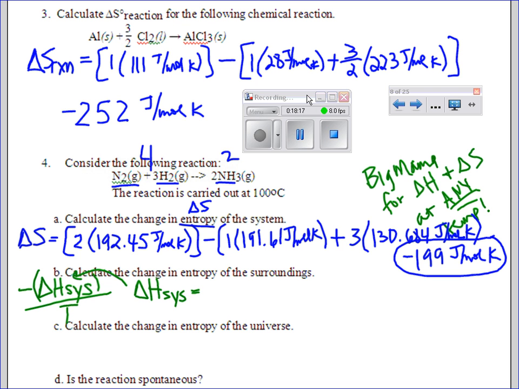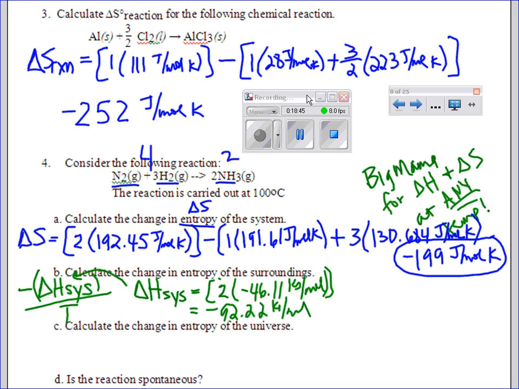Big Mama, and we're going to use the table again. And I have all these written down, just double check. Delta H is equal to 2 times negative 46.11 kilojoules per mole, right? And then aren't all the reactants 0? Okay, so that's it right there. So that came out to be negative 92.22 kilojoules per mole.